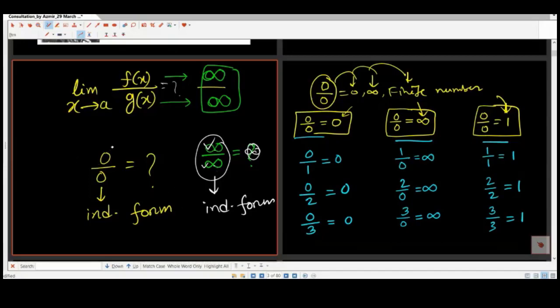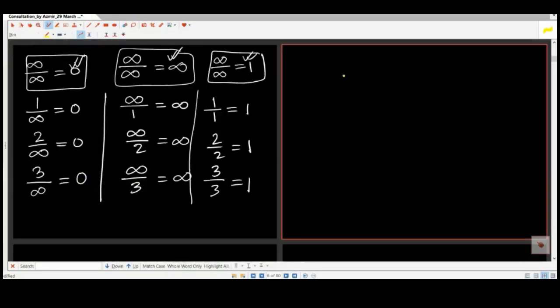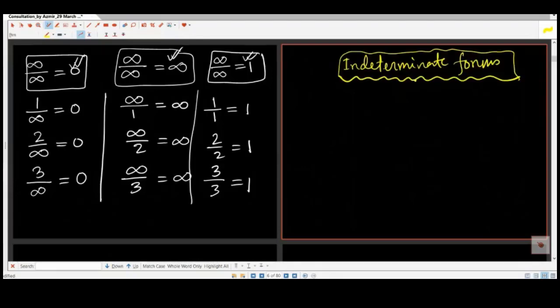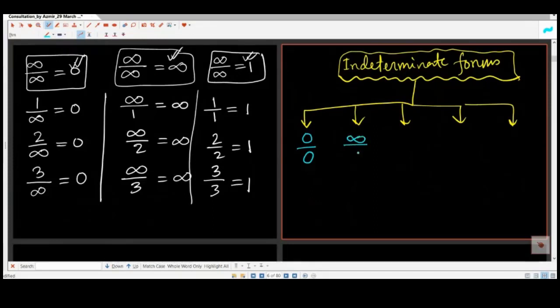Besides 0 over 0 and infinity over infinity, we have some other indeterminate forms. So let's write all the indeterminate forms. Indeterminate forms can be classified into 5 types. The first type is 0 over 0. The second type is infinity over infinity.